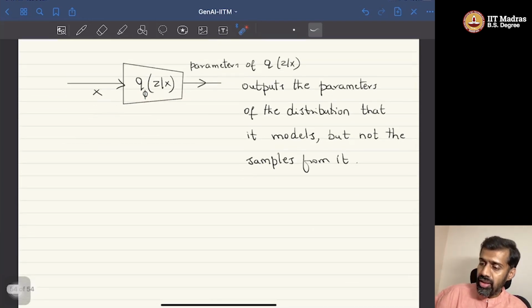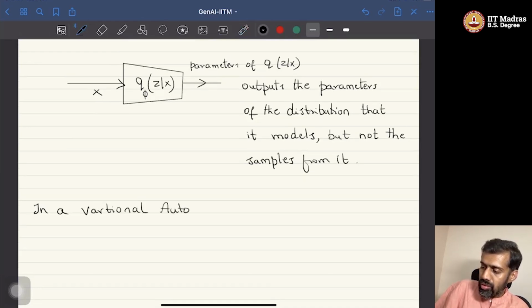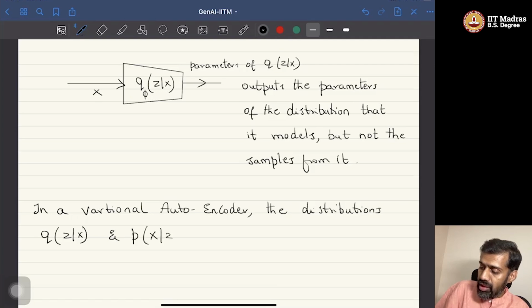Now, in a variational autoencoder, the distributions q of z given x and p of x given z are represented using probabilistic neural networks.